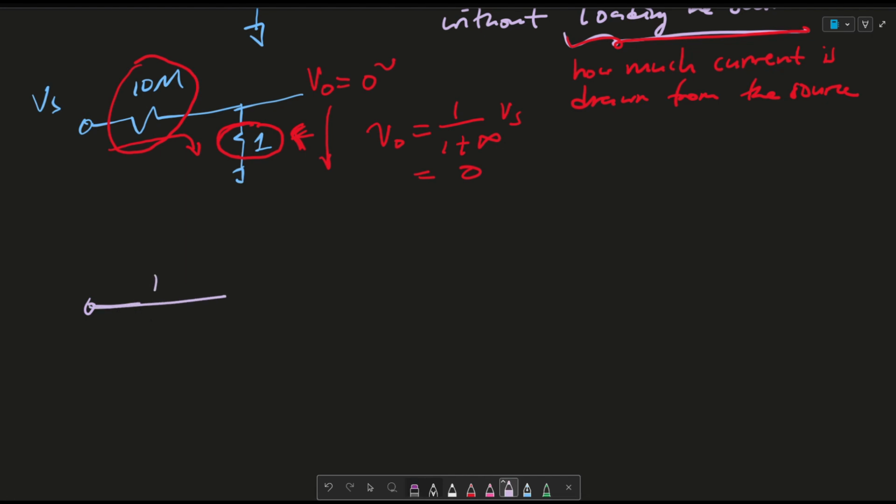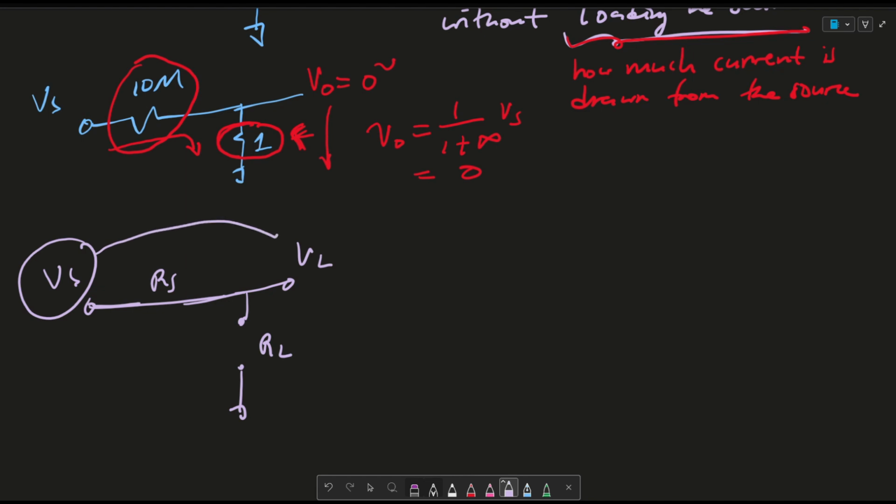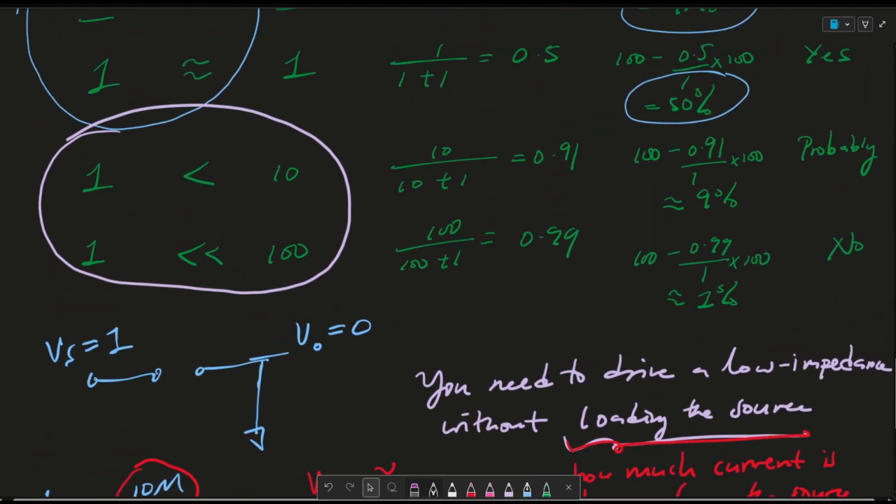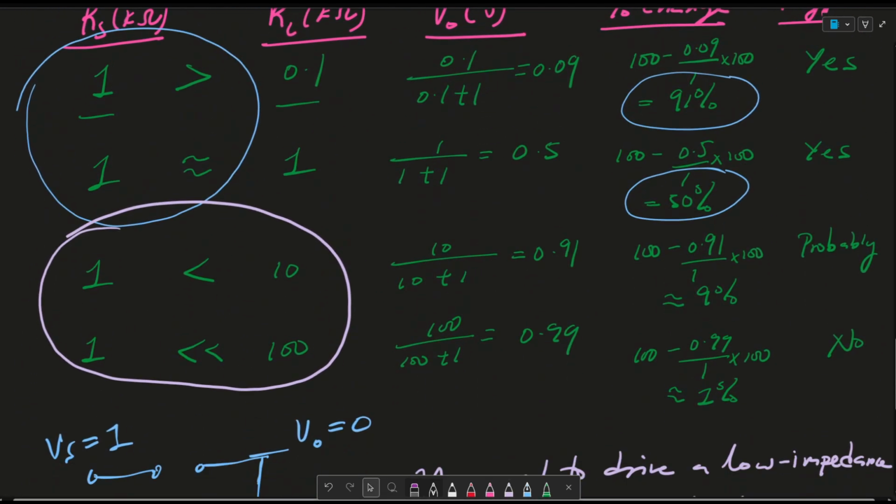Since RS is very small, we can just consider the wire, and this is our open circuit RL. And obviously, you can see here that VS just maps to VL, and RL doesn't really impact the schematic. So there's many ways to look at it, and to see when you need a buffer.